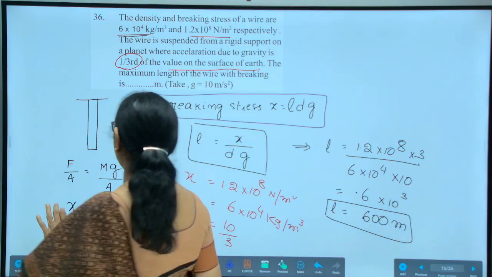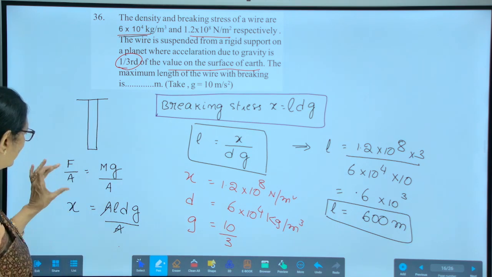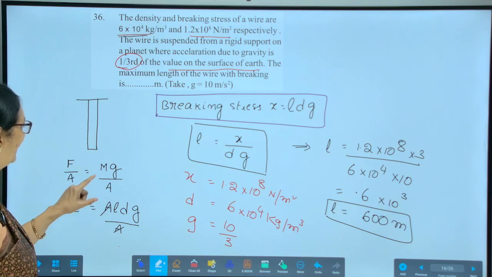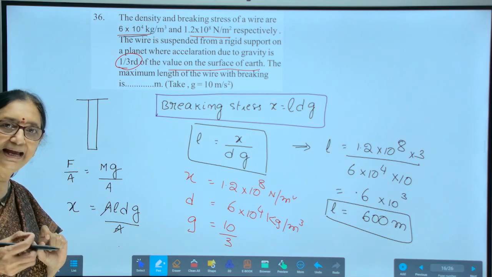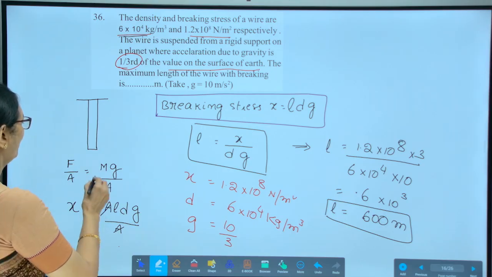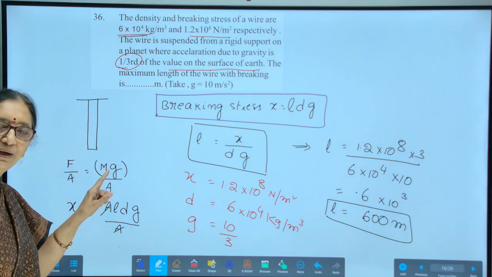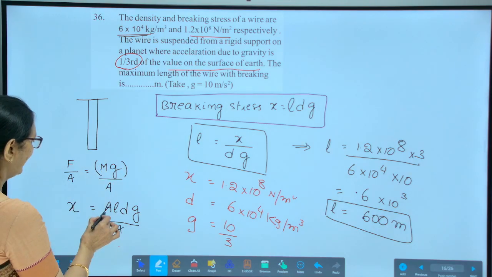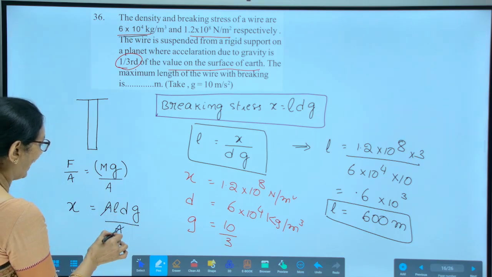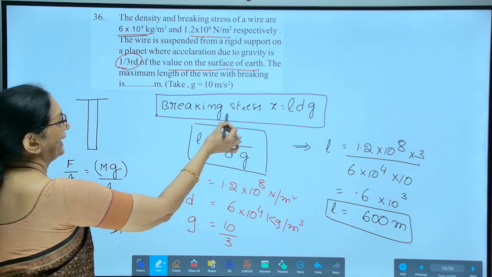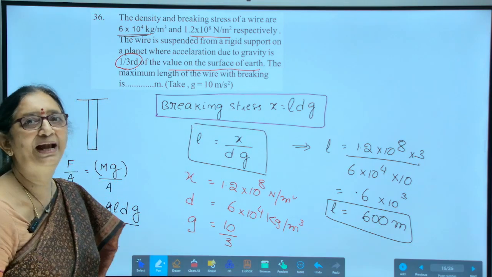Then F by A is the breaking stress. Let us take F by A as x. x is equal to, as it is hanging under its own weight, weight mg by A. But mass is equal to volume into density, ALdg by A. So, the formula we got is breaking stress x is equal to Ldg.